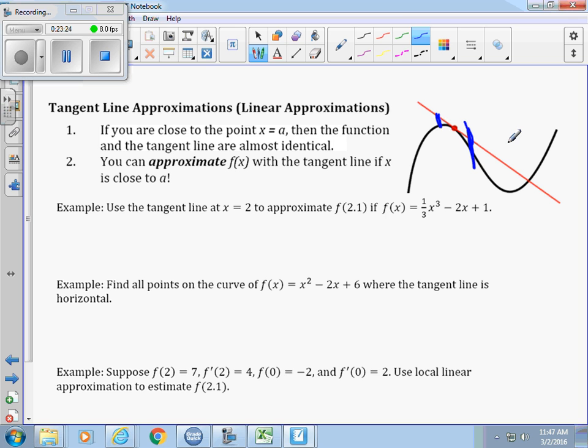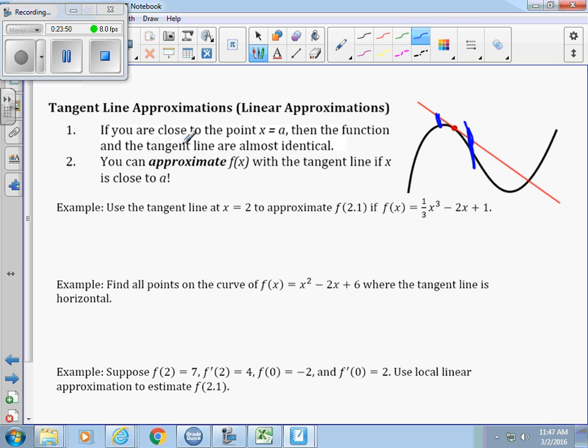Is it difficult to calculate those values? Yes. So we could use a tangent line to approximate the value at a point that's not a unit circle point, that's close to a unit circle point. Turns out in Cal 2 you will really explore this a lot. In Cal 1, in this part of calculus, we'll just do tangent lines.